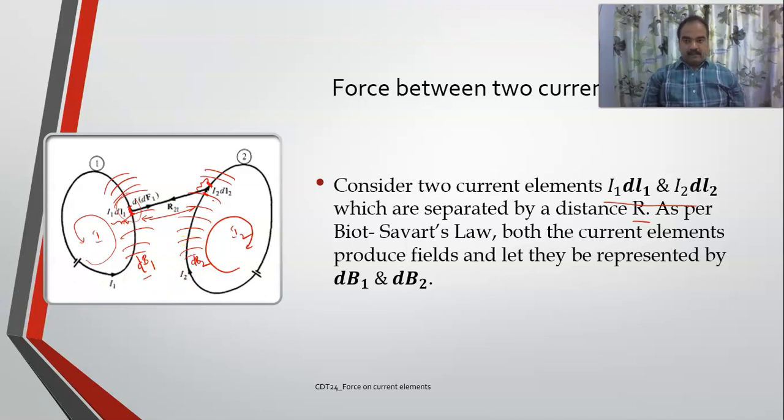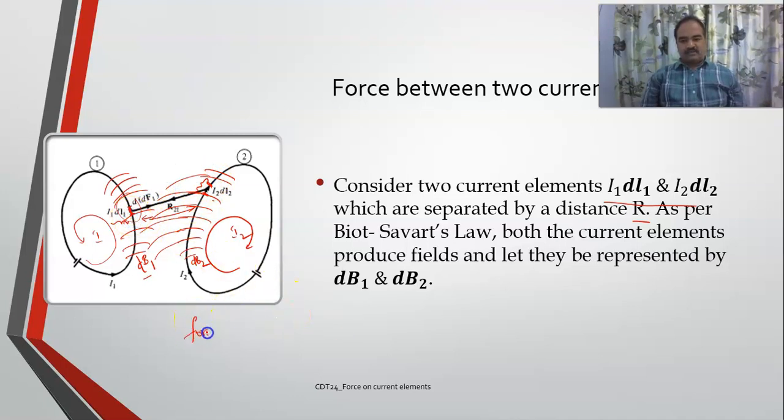Now we will consider this particular current element. Now it is carrying a current of I, and it is experiencing a field which is created not by its own but by a current which is nearby. So what is the force which is experienced by this particular element?